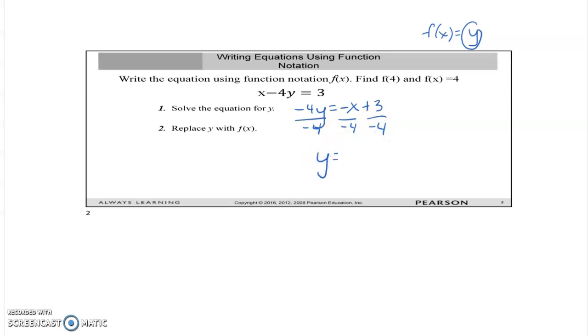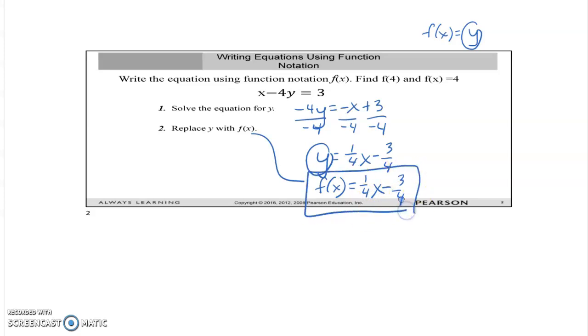So y equals 1/4 x minus 3/4. Now all I do is replace y with f of x. This is writing it in function notation. Your equation has to have y equals before you can put the f of x there.